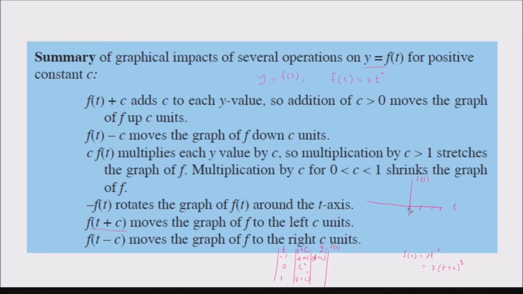this is the place that I got before for t equals 0, but in this case, for t equals 0, these are the values here, which are c squared and (1 plus c) squared right here. Okay, so you can see now this is no longer 0 anymore.